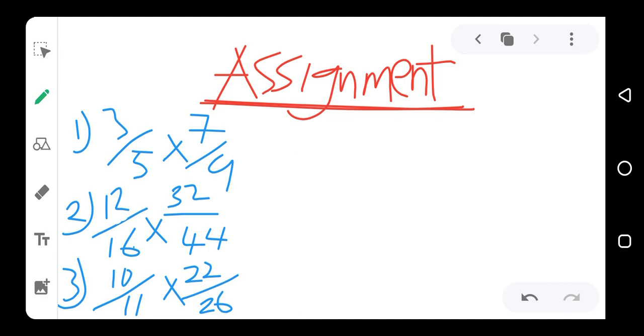That is number 1. Number 2, 12 over 16 multiplied by 32 over 44. And number 3, 10 over 11 multiplied by 22 over 26.